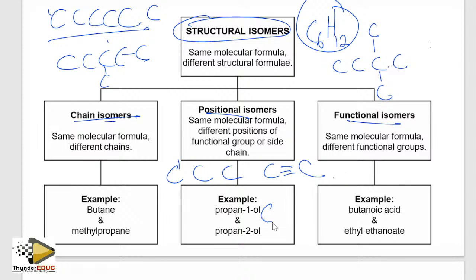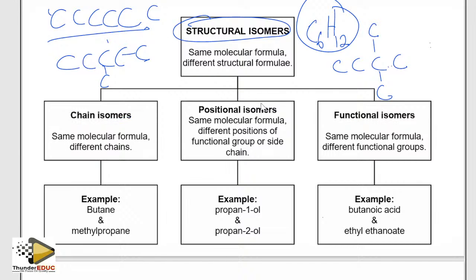In the second one, you have changed the position of the functional group, therefore it becomes a positional isomer. It was a primary alcohol, it becomes a secondary alcohol, it is a position isomer. You have changed the position of the functional group.